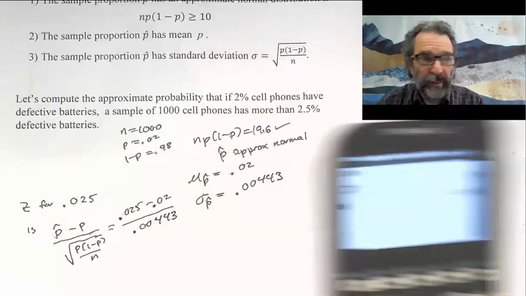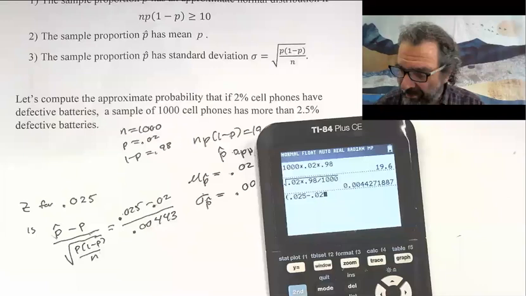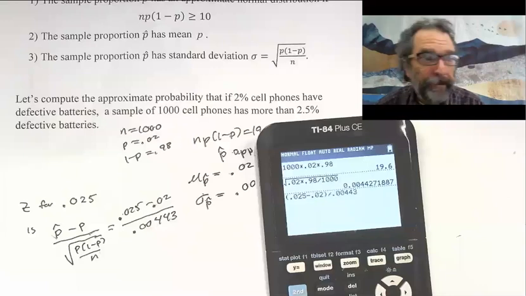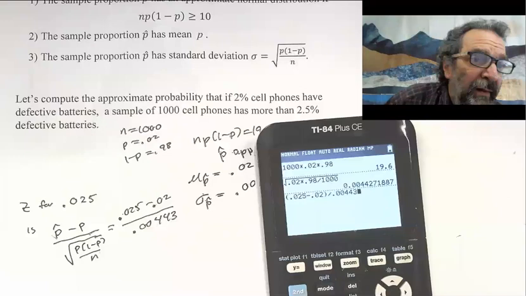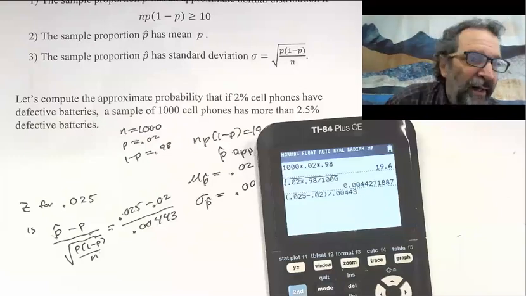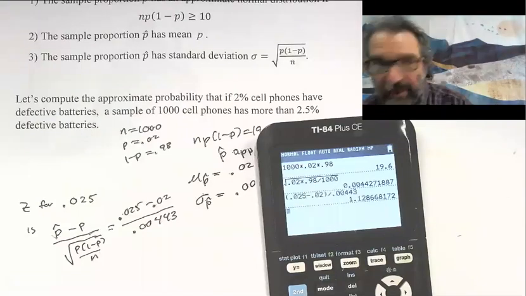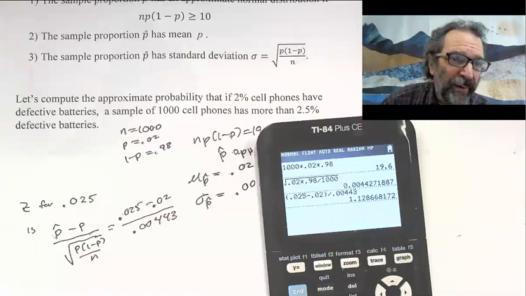Let's go ahead and do that. So I have to use parentheses. 0.025 minus 0.02 divided by 0.00443. I'm making a habit of looking at my calculator before I hit enter to make sure I've done something approximately right. Okay, here we go. We're going to be using tables, so I'll use 1.13.